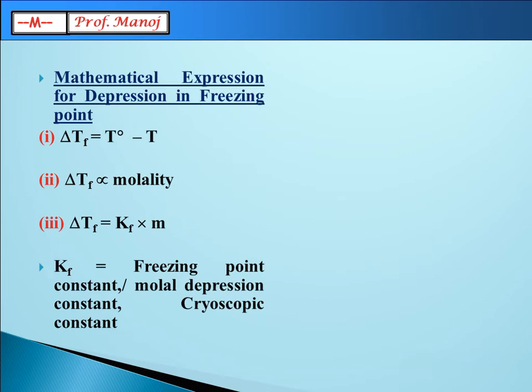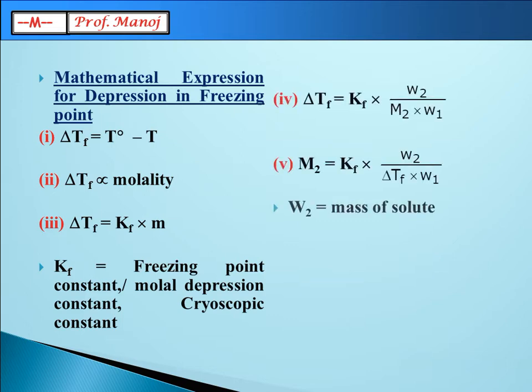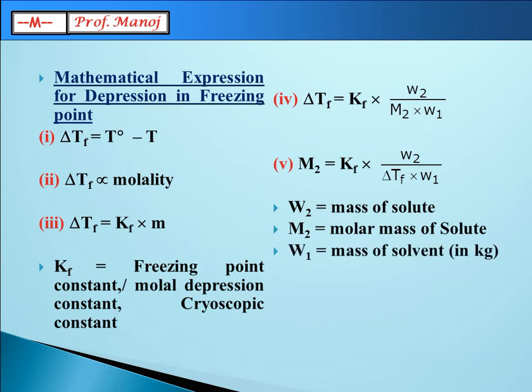Only instead of B of boiling, now we have F of freezing. The term Kf constant is called freezing point constant, also known as molar depression constant, also called cryoscopic constant. Also, the terms related to molality are also quite similar. We can quickly watch them as we had done earlier terms.